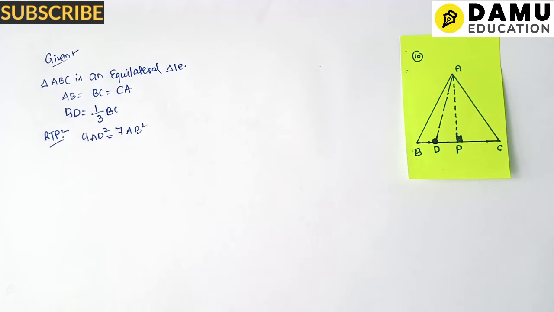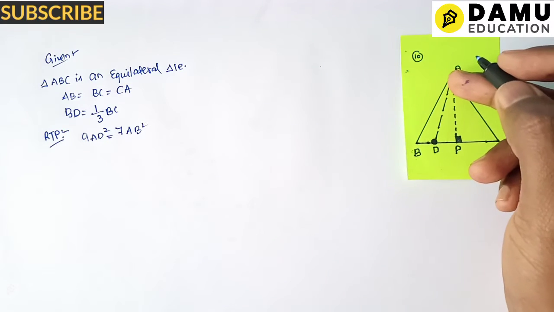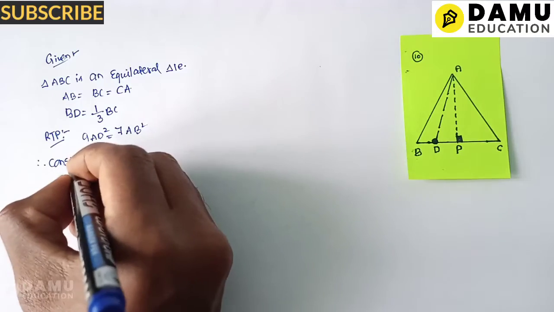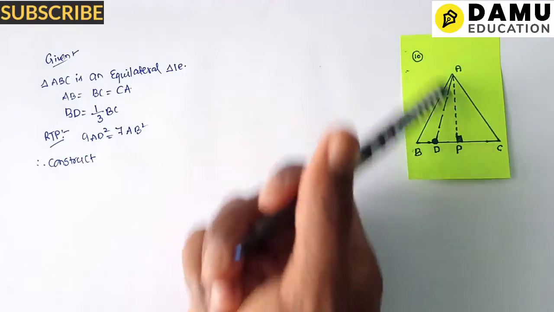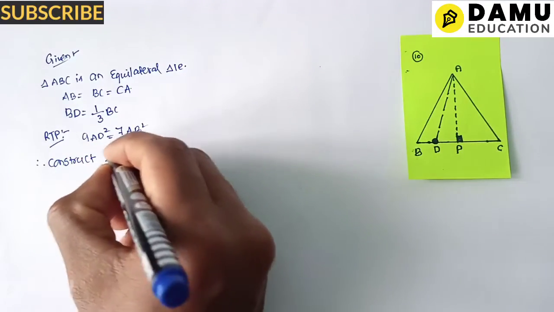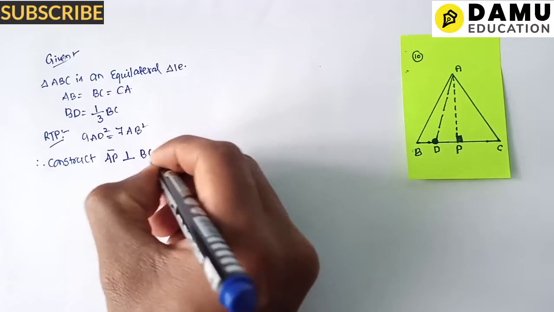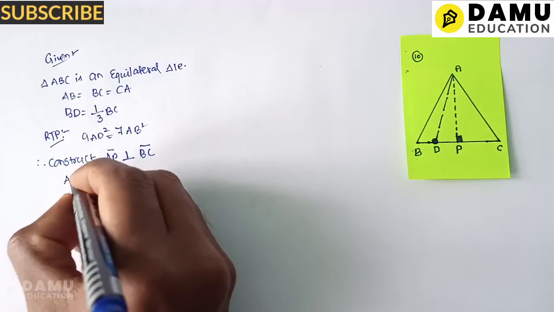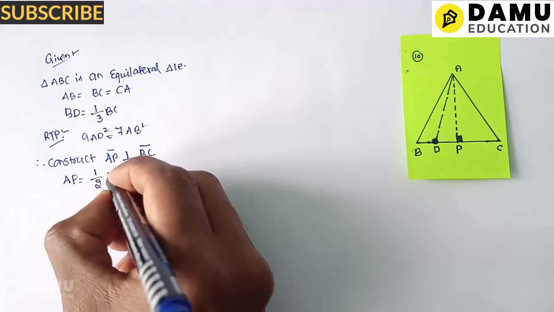So here, what we have done extra is we construct AP, which is perpendicular to BC, and also AP will be equal to half of the BC.